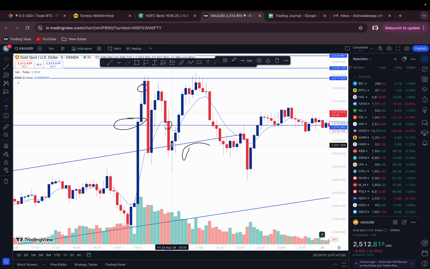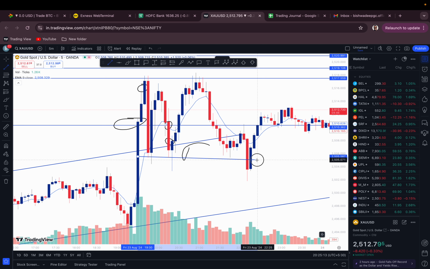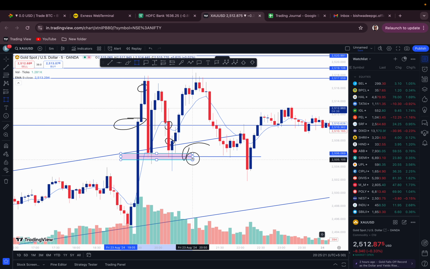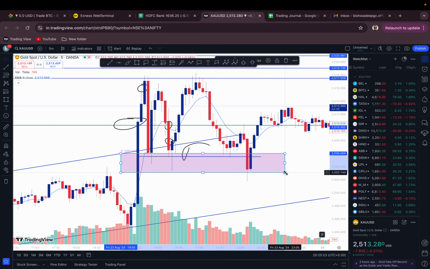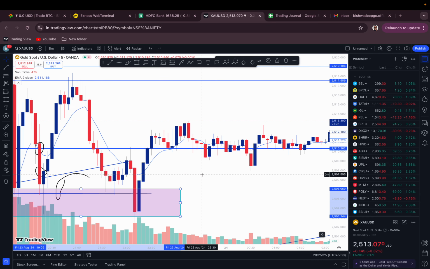And at 2508, when the next candle formed at this position, I exited the trade, since again there was a small support line, or you can say a zone, from where the market got reversed again.